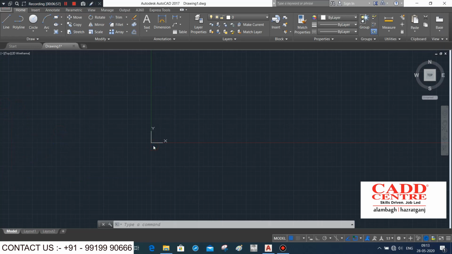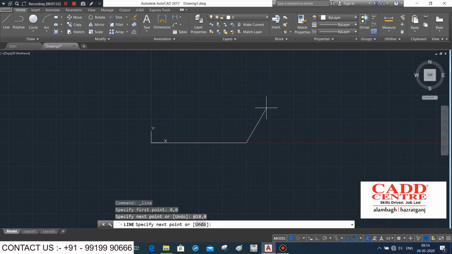Now let's see how we can use this relative rectangular coordinate system. First, we will choose the line command and then we will provide the starting point or the first corner point for the rectangle, that is 0, 0, enter. After that, we will specify the distance in x direction, that is @10, 0.